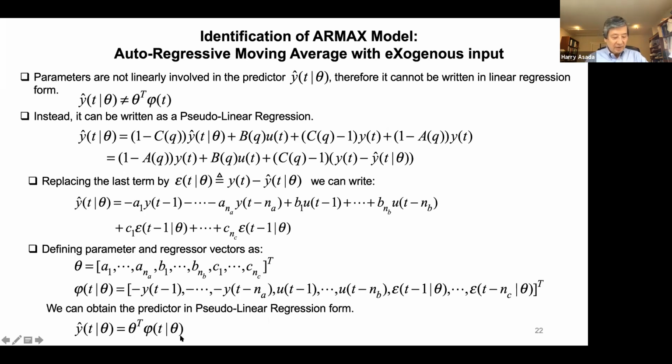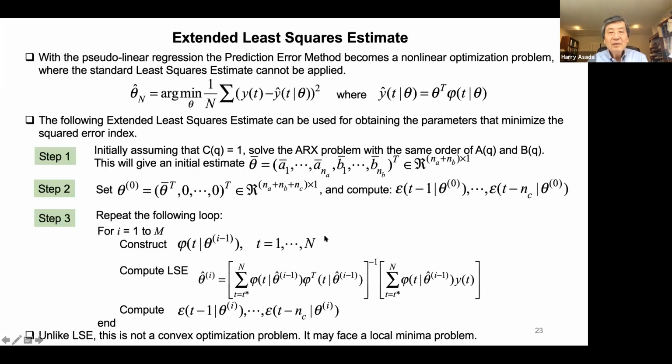So we call this a pseudo linear regression form. Now how do we really estimate these parameters? We cannot use the least square estimate in its original form, but in fact we can do a clever extension. It's called the extended least squares estimate.